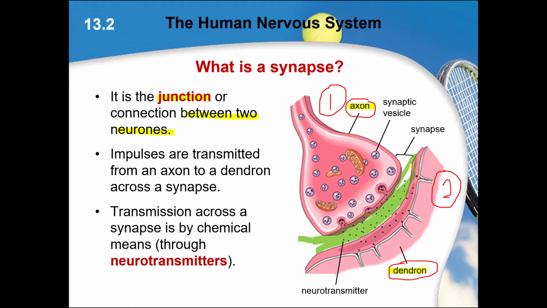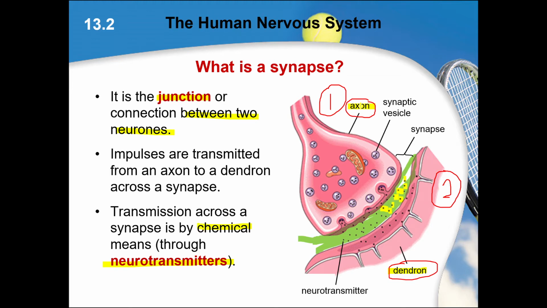And how then can the nervous impulse be transmitted when there is a space? You need something special, and that special thing is chemical neurotransmitters. If you look at these black dots here, they represent chemical neurotransmitters. These chemical neurotransmitters will act as postmen or messengers that will bring the impulse from the first neuron to the second neuron, and this transmission is via chemical means.